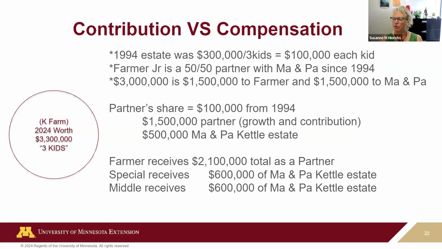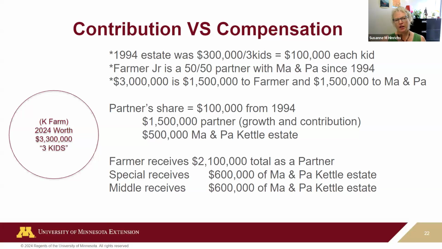And then he's also receiving a part of the inheritance that Ma and Pa are going to divide out to each of the kids, which would be about 500,000. And then they also have said, all right, at the beginning of our farm, that would have been about $300,000 in value, so we're going to share that with each of our kids too. So that's how Farmer Jr.'s total becomes about $2 million.